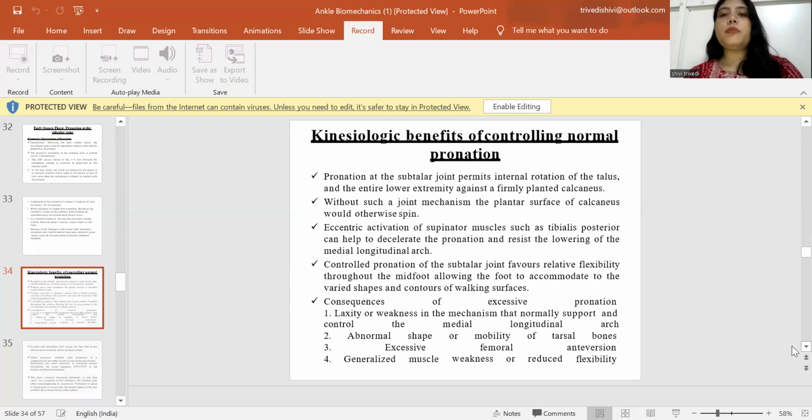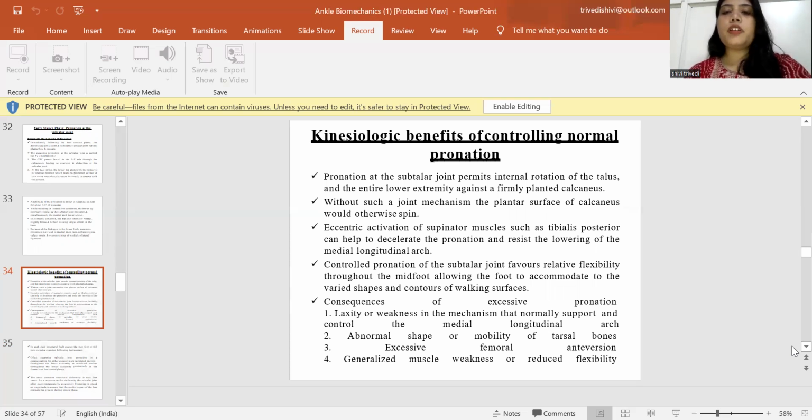Now, kinesiological benefits of controlling normal pronation. Pronation at the subtalar joint permits internal rotation of the talus and the entire lower extremity against a firmly planted calcaneus. Without such a joint mechanism, the plantar surface of calcaneus would otherwise spin.